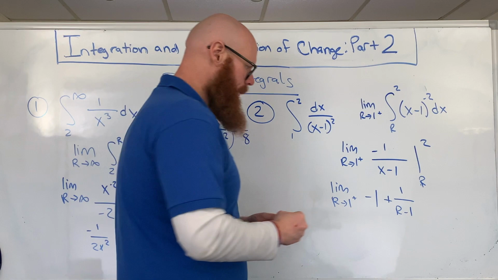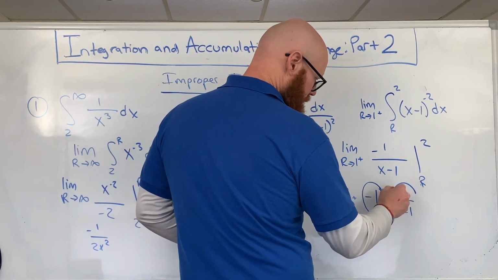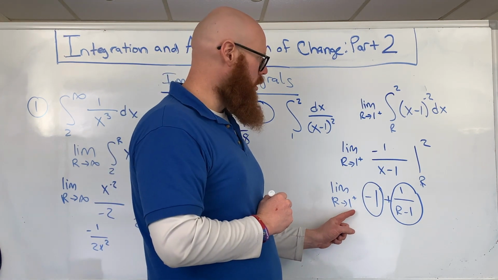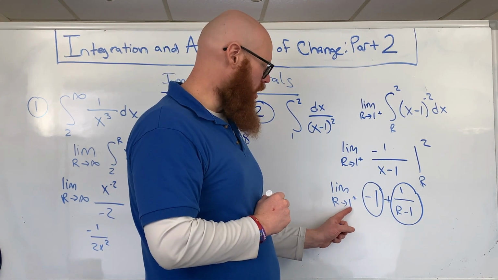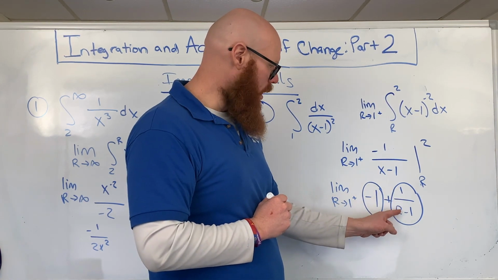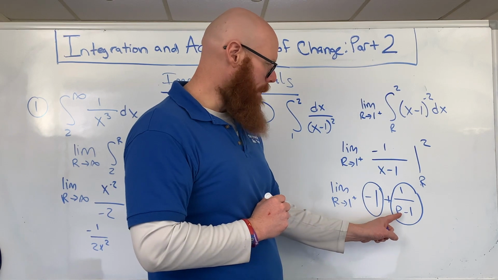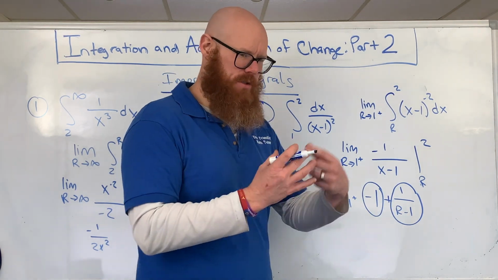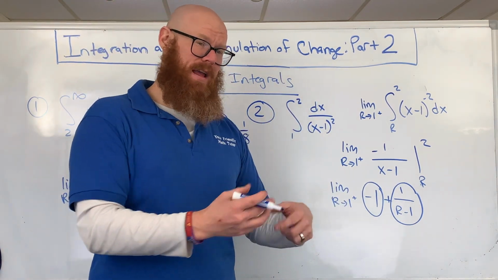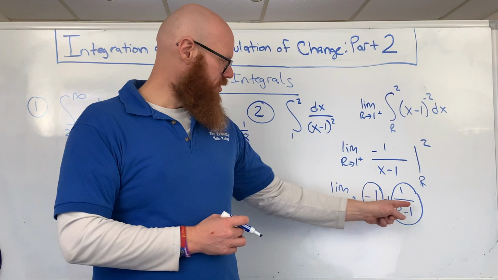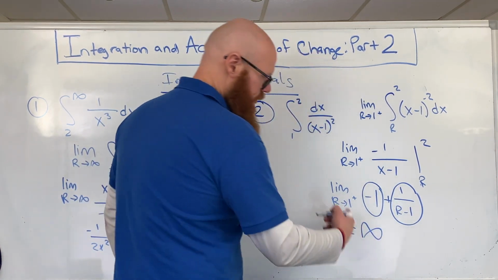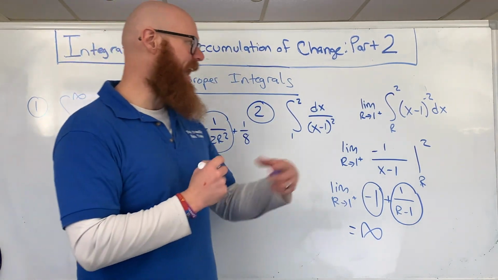If r approaches 1 from the right, this is 1 over a really small positive number, and 1 divided by a really small positive number is a really large positive number. So this is pretty much infinity. So this one equals infinity. So this is a type that we would say diverges.